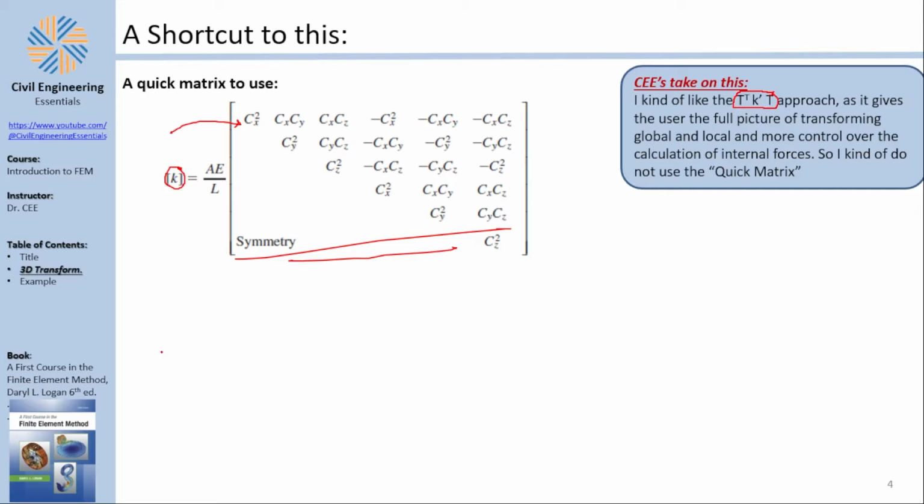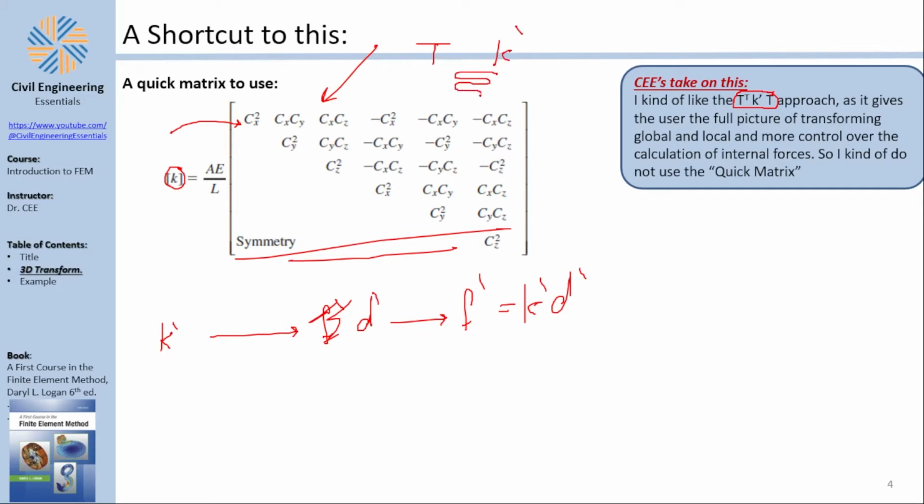Because I need to always keep the K local available for me, because sometimes I might have the forces in local, sometimes I might have the displacement in local, and I want to find the forces in local, which equals the stiffness local multiplied by D local. So personally, I don't calculate this. Personally, I calculate the transformation matrix and calculate the local stiffness matrix, and then let MATLAB or any mathematics software calculate the global stiffness matrix for me. And you will see me doing this in the example.